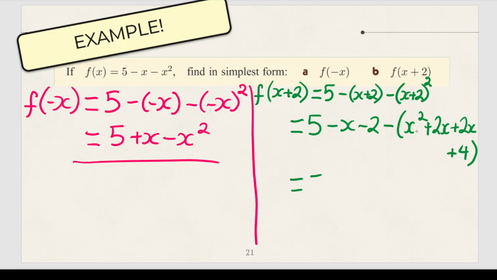We have negative x squared. Now all of our x coefficients, we have 4x, which is being taken away, and another x being taken away, so we have take away 5x, and then our integer values or numbers, we've got 5 take 2 take 4. So 5 take away 6, which is negative 1.